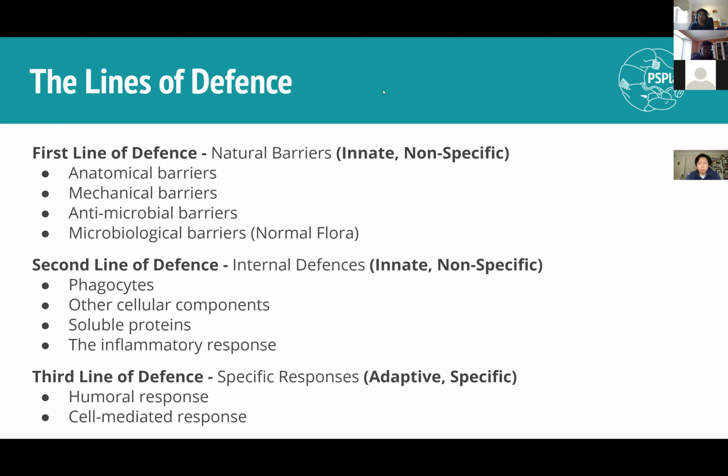Both the first and second line of defense are part of innate immunity. So they're non-specific, they don't go after a particular pathogen, they just go after foreign things. The third line of defense is what we call the specific immune system, adaptive immune system, whatever you want to call it. This involves two responses, the humoral response and the cell-mediated response, which correspond to B and T cells respectively. Again, we'll talk about every single one of these in more detail.